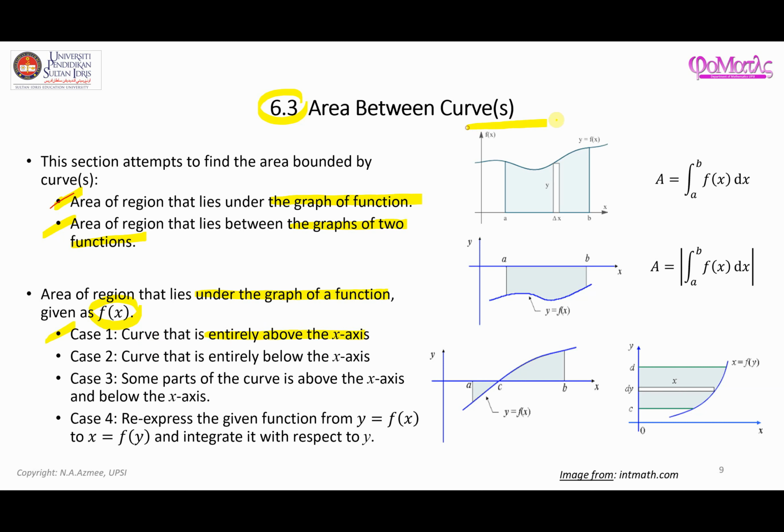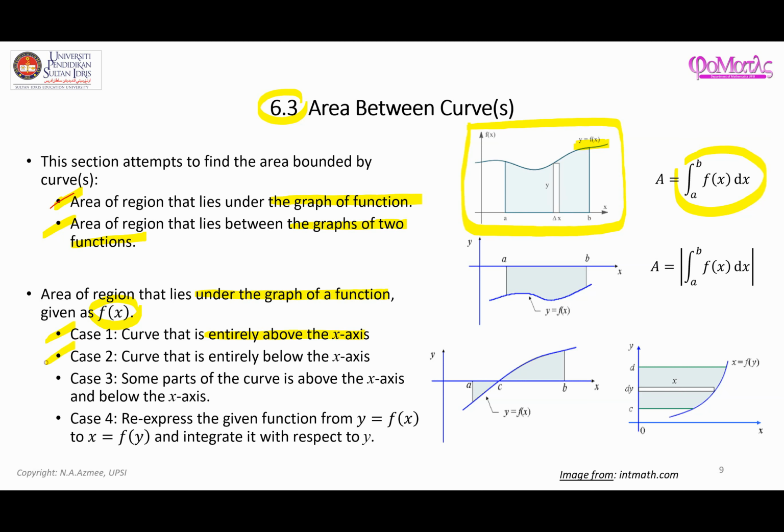So this is an example of having the curve which is entirely above the x-axis. So in order to find the area, it is a very straightforward process of finding the integral of this function. So the function here is f(x), so you just integrate it as usual from the limit a to b.